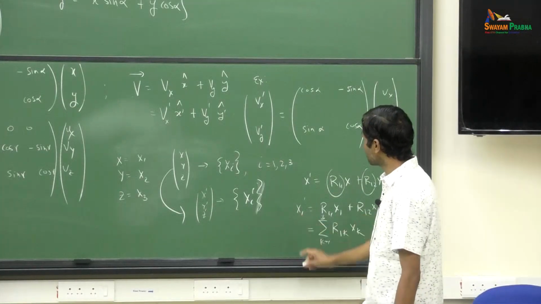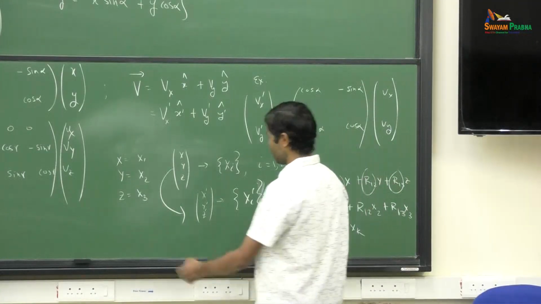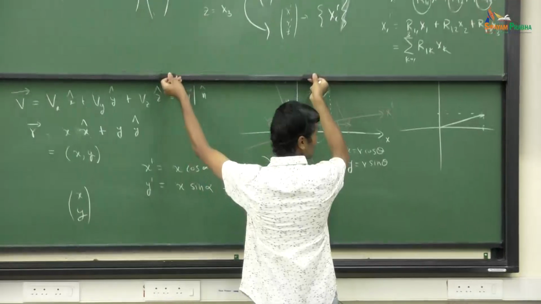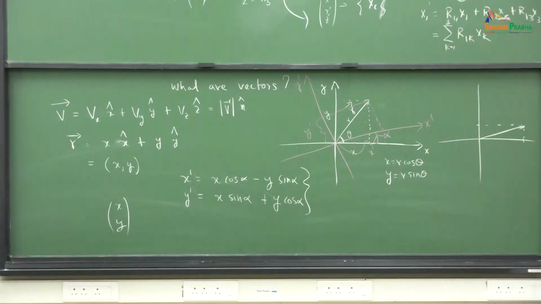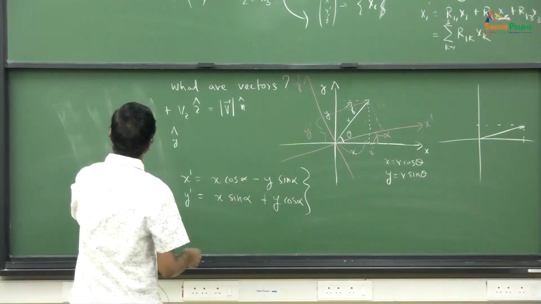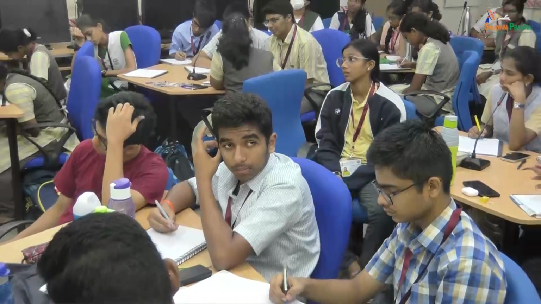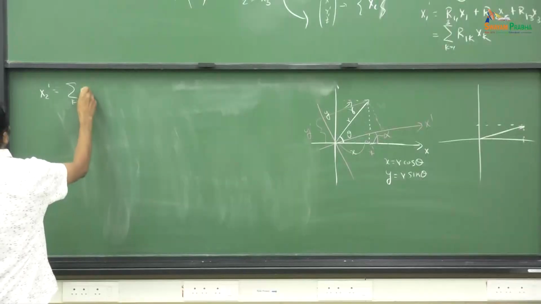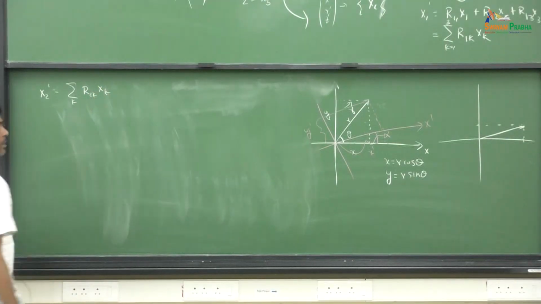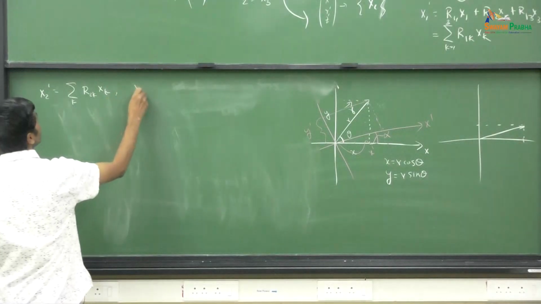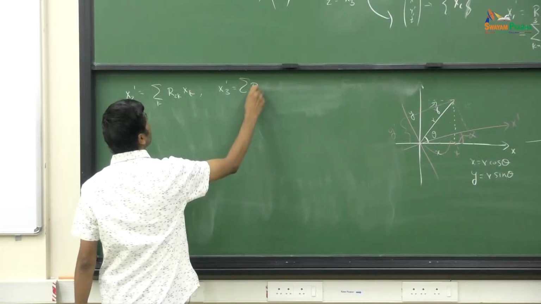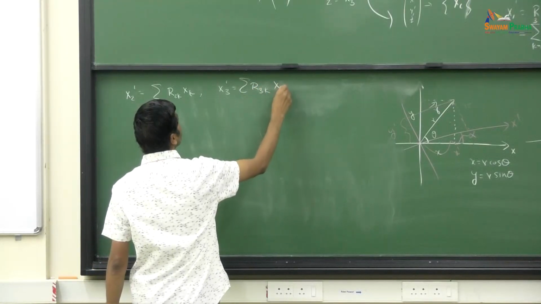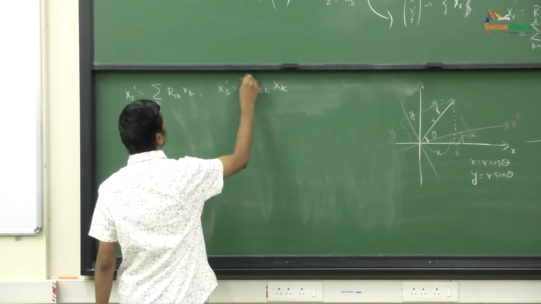So in general, x2 prime will be the sum over k of r2k xk, and x3 prime will also be r3k xk, where k is summed from 1 to 3.